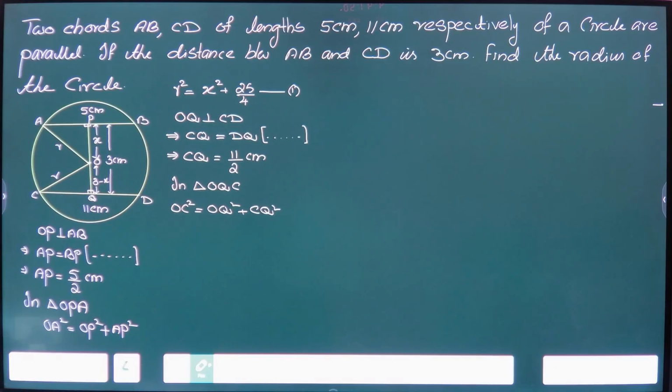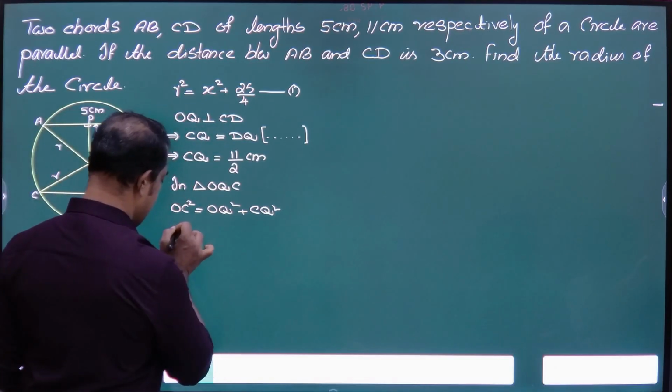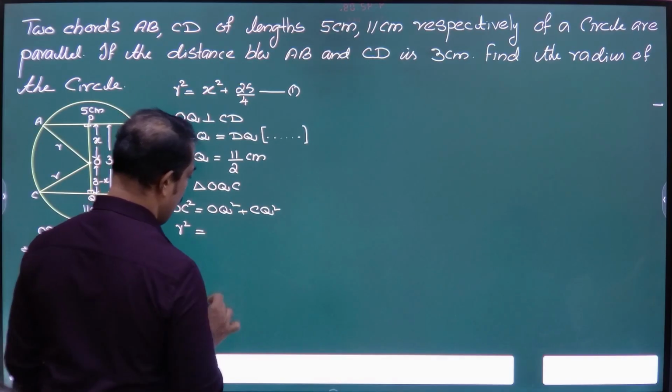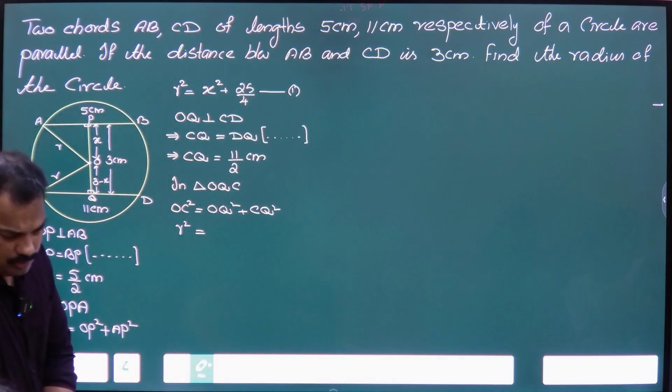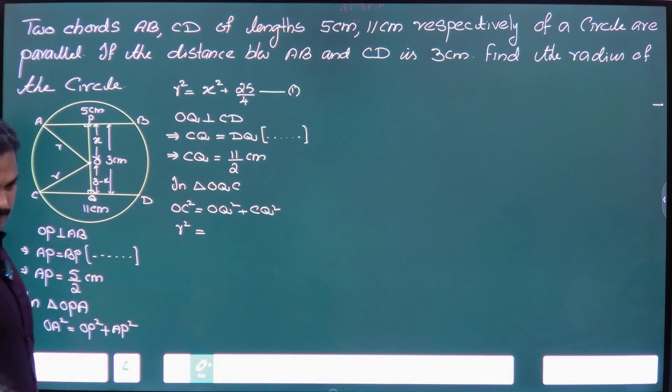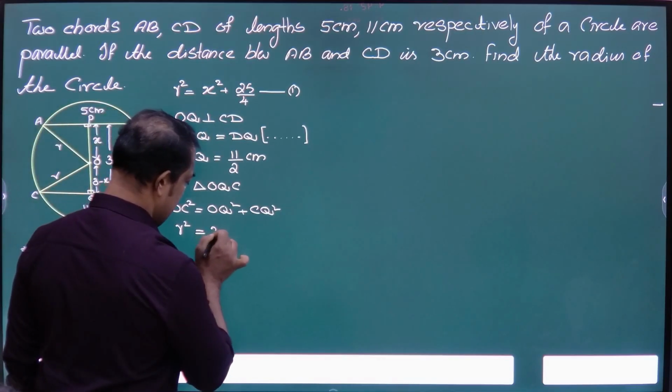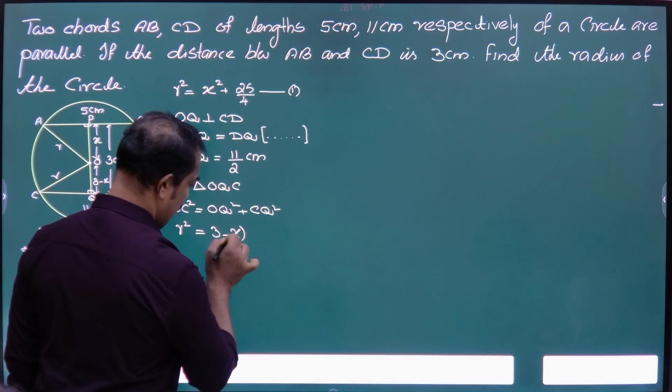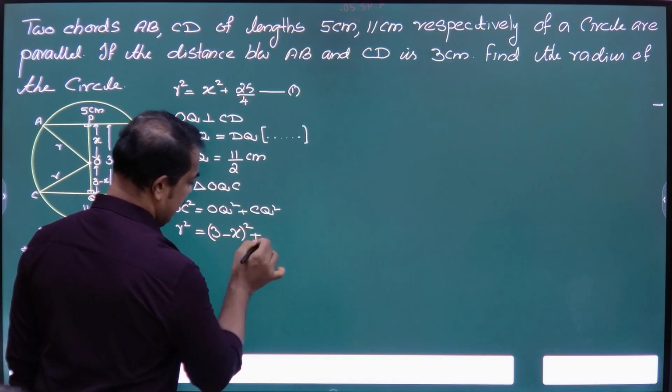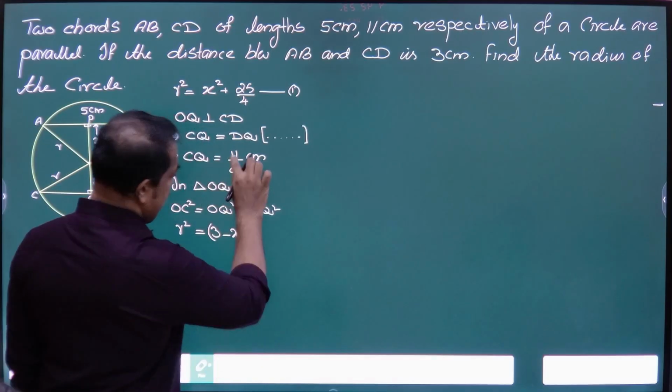What is the value of OC? R. So R square is equal to OQ, which is 3 minus x whole square, plus CQ, 11 by 2 whole square.